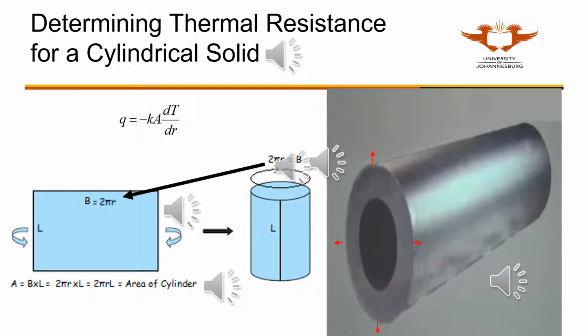The depicted heat flow occurs throughout the length of the cylinder, which is why you use the heat transfer area, 2 pi r L.